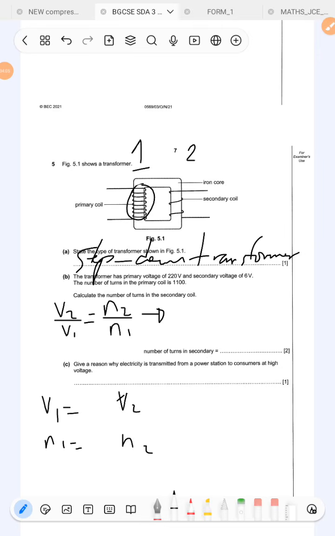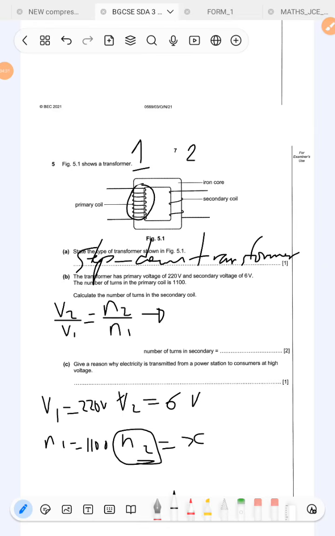So voltage 1 is 220 volts. The number of coils is going to be 1100. Then voltage 2 is 6 volts. N2 is going to be unknown, so we leave it as N2 and make N2 the subject of the formula.